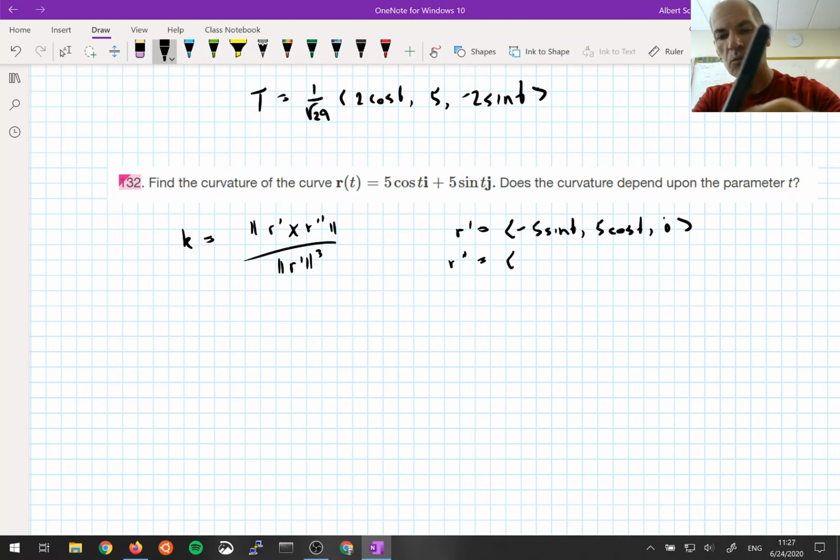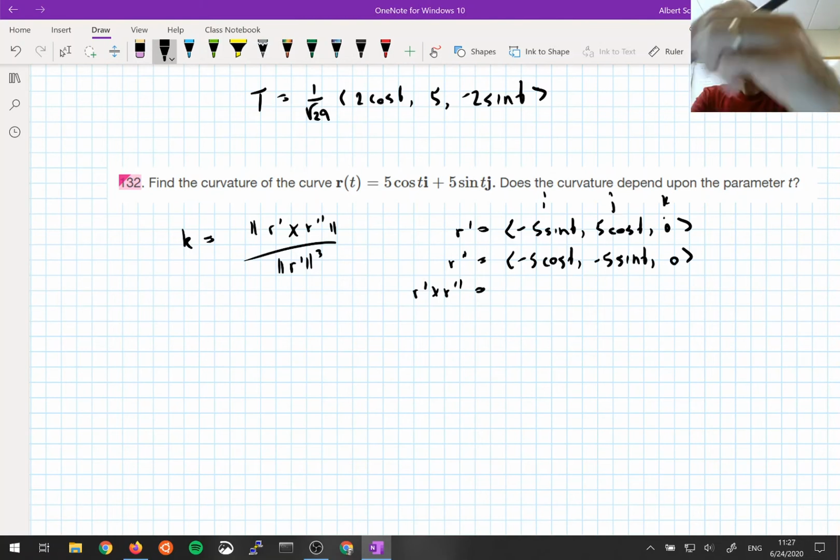For r double prime, we take the derivative again: minus 5 cosine t, minus 5 sine t, and 0. I always line these things up just like this because then they're ready to go for the cross product step. If you need the mnemonic, you can put i, j, and k up in there.